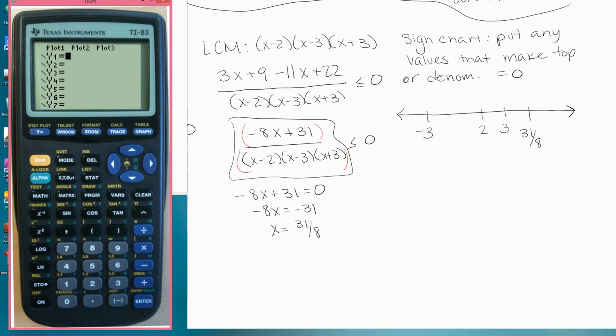So here we're going to have negative 8x plus 31, close the parenthesis, divided by, now start a whole parenthesis for the bottom, then we'll do parenthesis x minus 2, new parenthesis x minus 3, close that one, and then x plus 3, close.